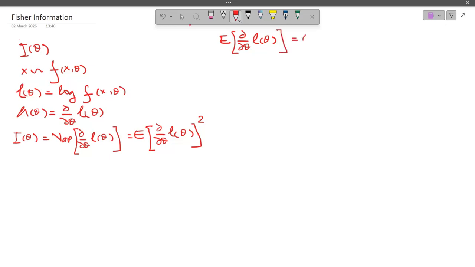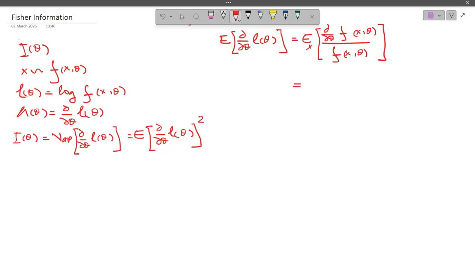is equal to the expected value of del theta of log f theta, which is nothing but del theta f x theta by f x theta. Since we have taken log, the f term comes below, and this is an expectation over x, not over theta. Theta is fixed and unknown.